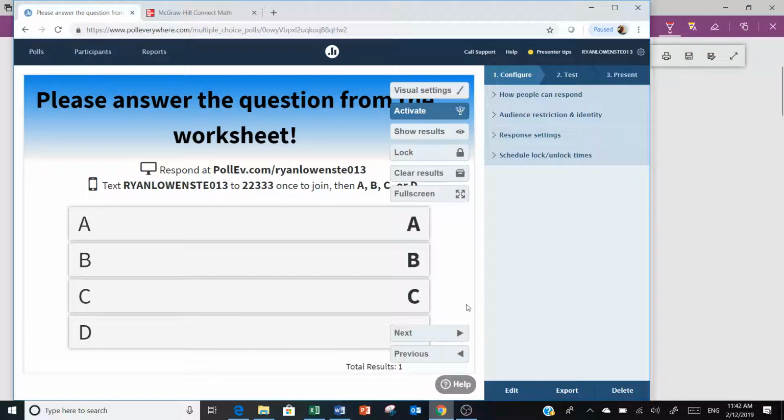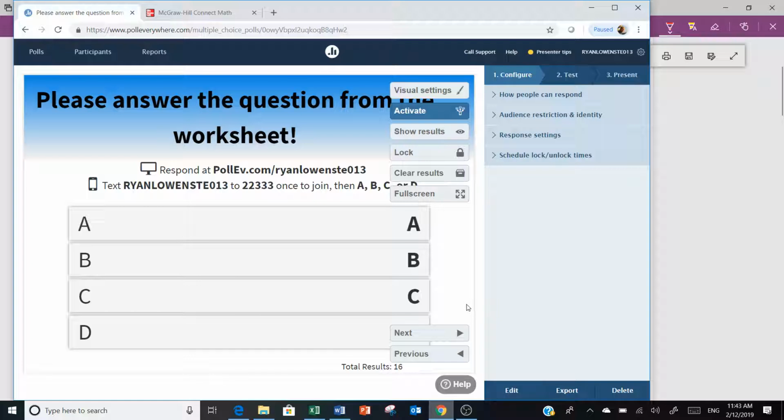So far, it says one person is on. There you go. Okay, I'm going to close the poll.